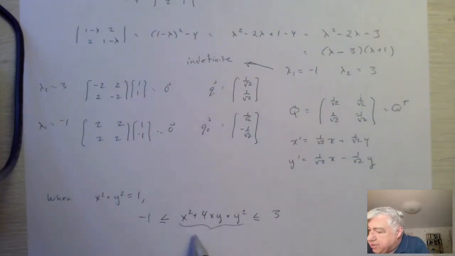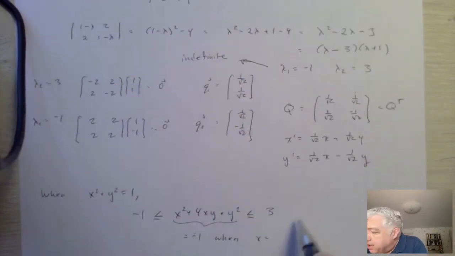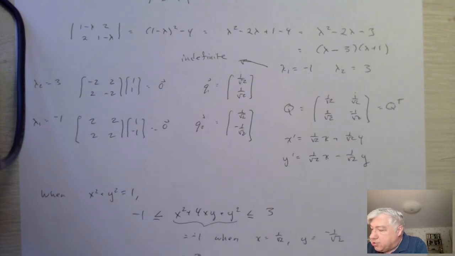In particular, this will be equal to negative 1 when x equals 1 over square root 2, y equals negative 1 over square root 2, since negative 1 corresponds to this eigenvector. And this is equal to 3 when x equals 1 over square root 2, y equals 1 over square root 2.